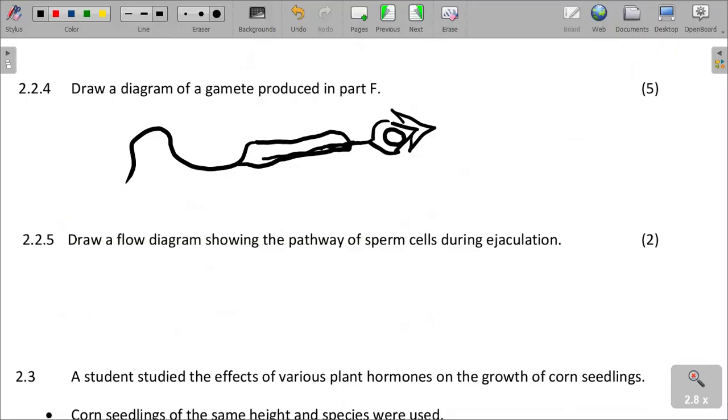You should be able to go through the structure of the sperm cell.